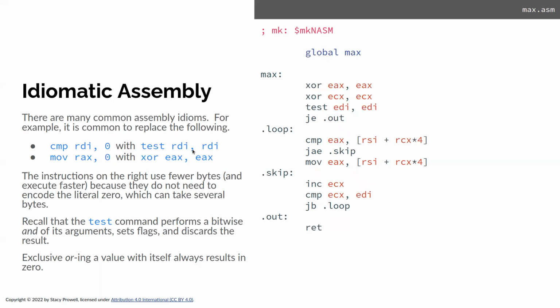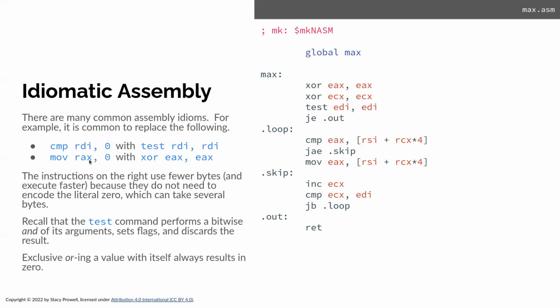So RDI bitwise AND with RDI will be 0 if and only if RDI is 0. So it doesn't modify any register values. Nothing gets changed here. All this does is set flags. And so test RDI will set the zero flag exactly when RDI is 0. So instead of that compare RDI to 0, I now have test EDI. That's interesting.